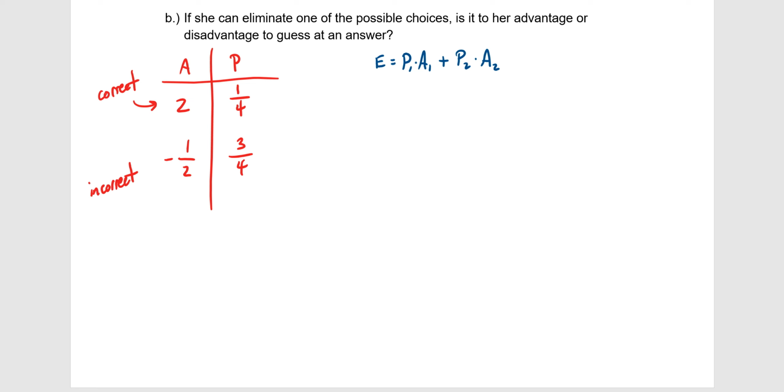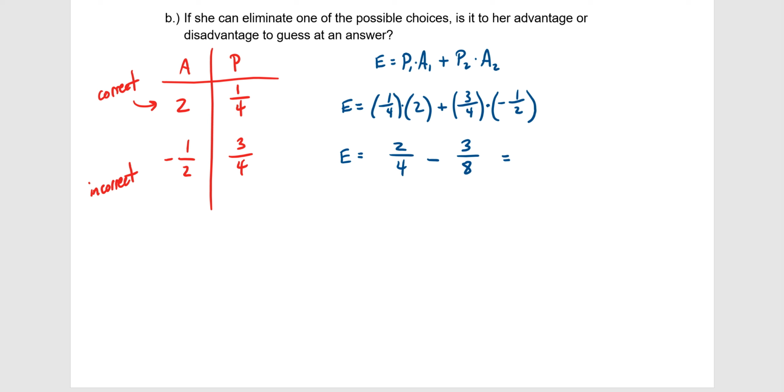So let's go ahead and do the same exact thing that we just did. It's going to be 1/4 times 2 plus 3/4 times negative 1/2. So if we were doing this by hand, we would get 2/4 minus, because it's positive and a negative for the second one, minus 3/8.